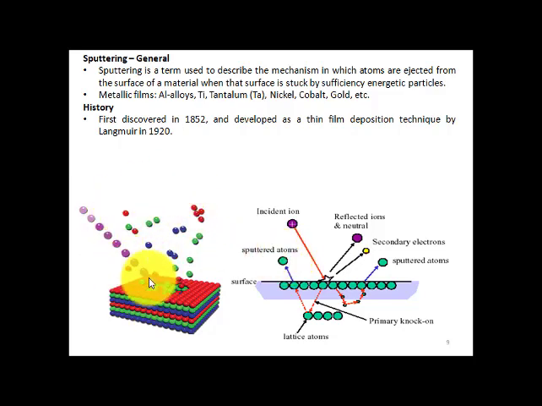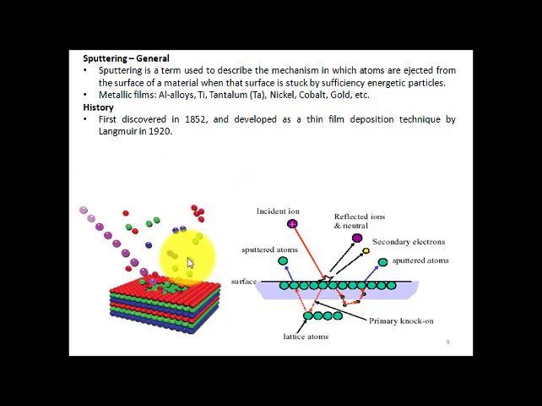In the left figure, we can see these are layers of atoms on the surface of the material. The first layer is the atoms in red color, the second in green color, then blue color, again red, green and blue. The purple ions are striking the surface of this material, and as a result, the atoms present on the first layer, the red atoms, are sputtered off.